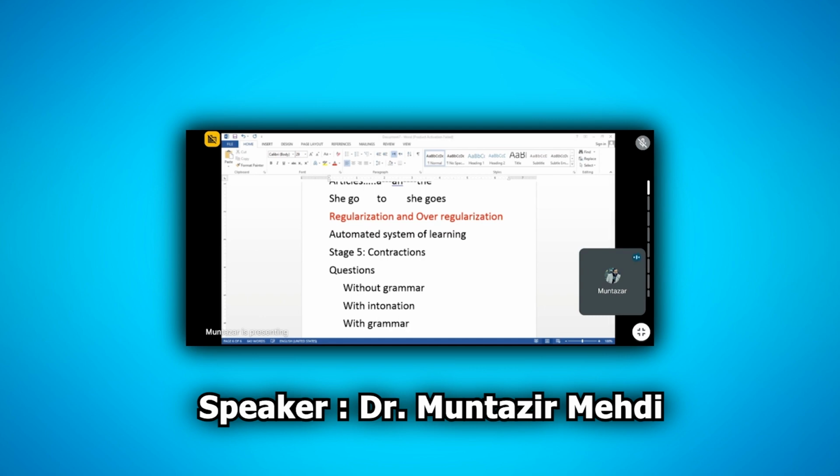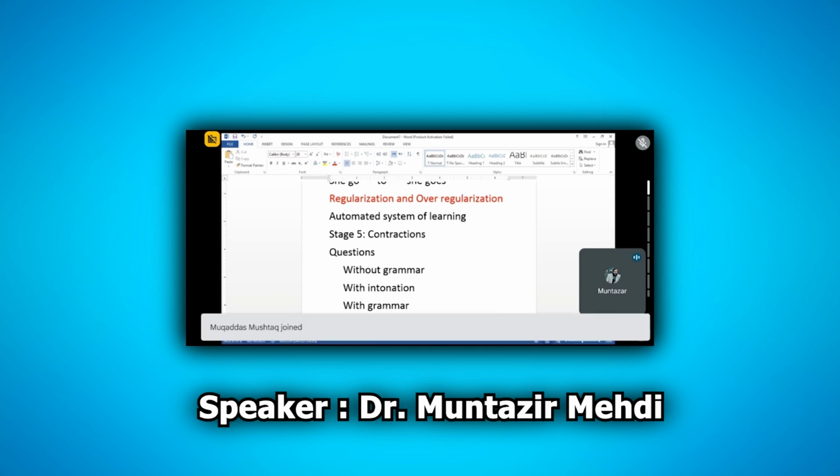So whenever they are forming questions, they are forming them with this stuff. And then, of course, they start forming negatives also. So these are certain stages.